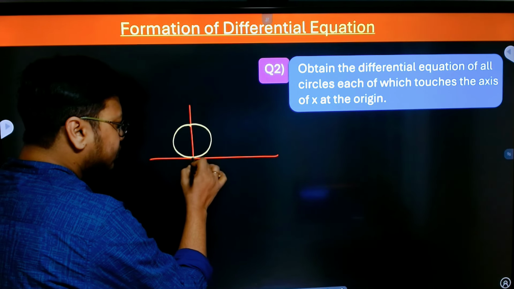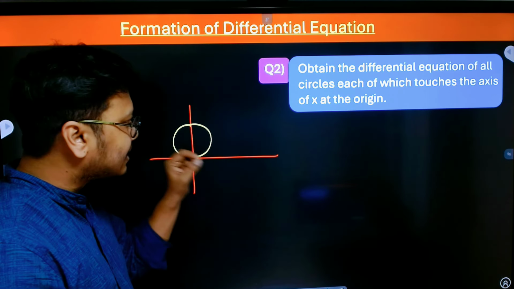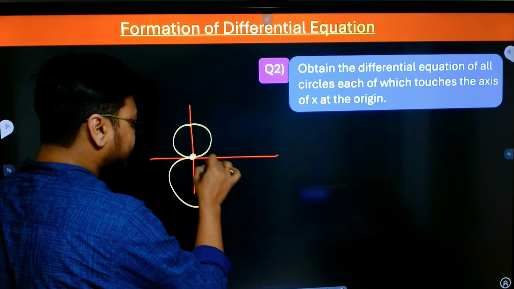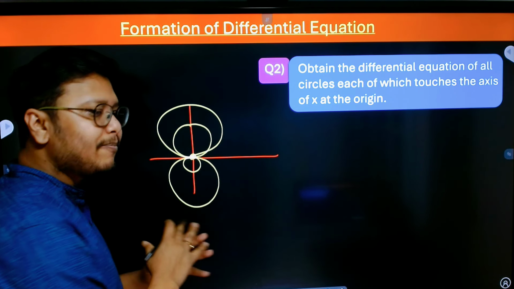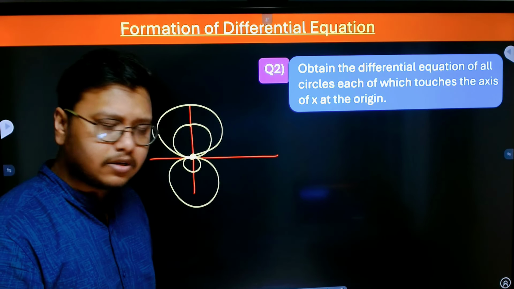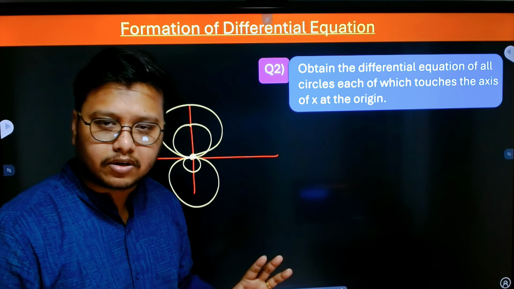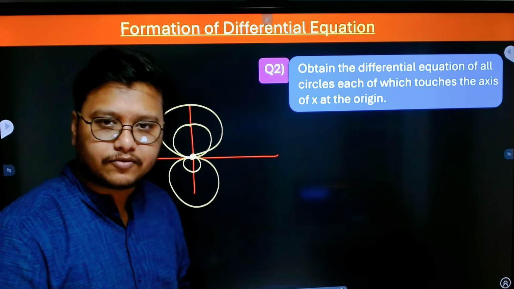I have to draw all such circles which touch the x-axis at the origin. The circle can be something like this, the circle can be bigger, the circle can be much smaller. So I basically have a family of circles, and I need to make a differential equation which represents this family of circles. Basically the solution of that differential equation would represent this family of circles.